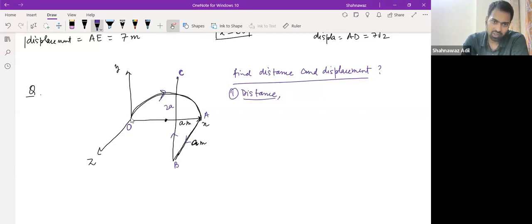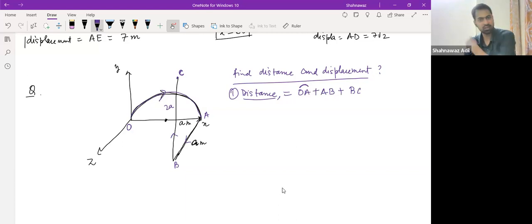We have this path, so the distance would be the OA arc, plus this AB length, and then plus this BC length. Is that clear, Rishita?